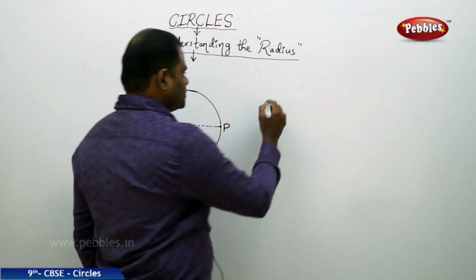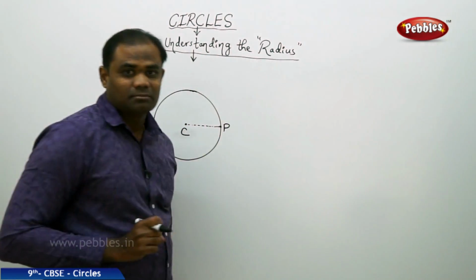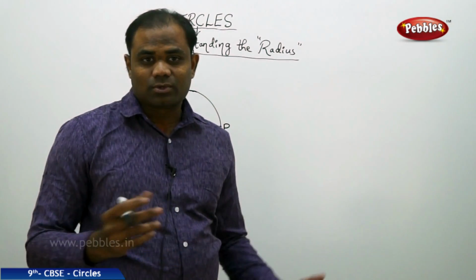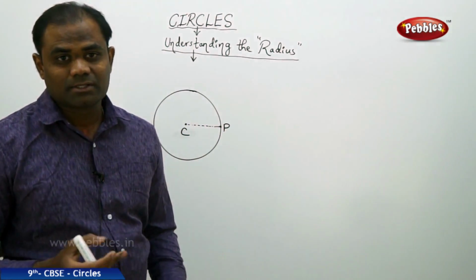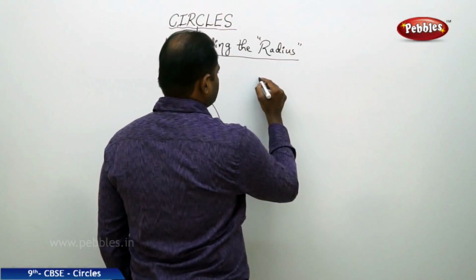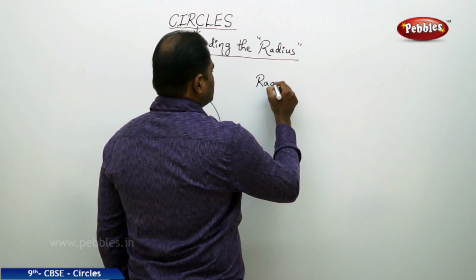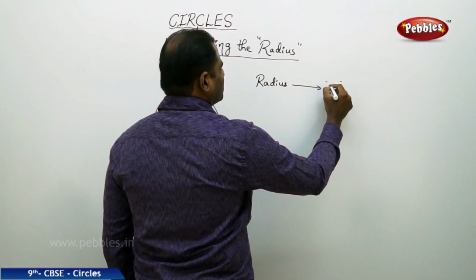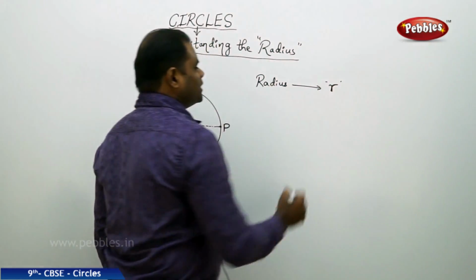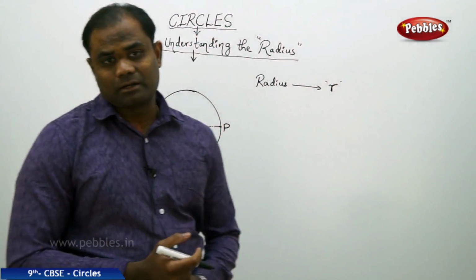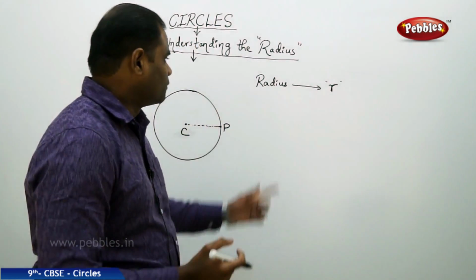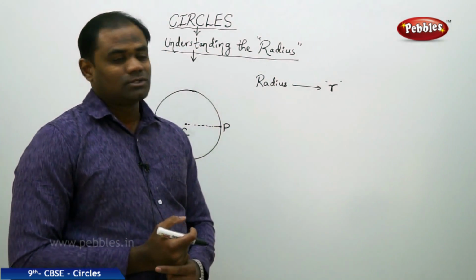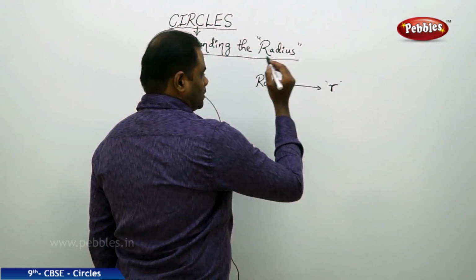CP, the distance CP is called radius, but sometimes radius is also represented by the line segment CP. So radius is generally denoted by small r. So when I represent the radius, I represent with r.